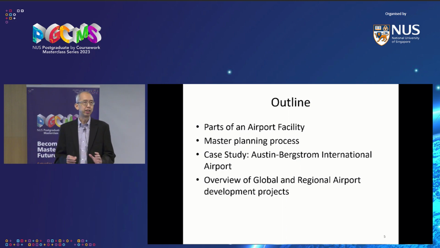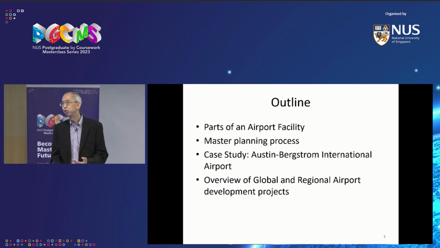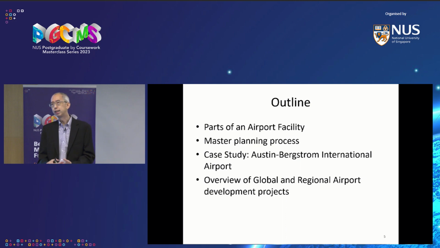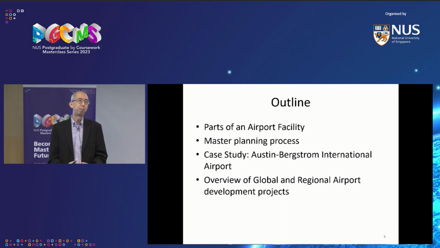We're going to use Changi Airport as an example, just to get you used to what's the air side, what's the land side, where are the terminals, where are the support facilities at an airport. And then we'll be talking about the master planning process, the different steps. And then I'll be going through a case study of Austin Bergstrom International Airport to help you understand what the master planning process looks like.